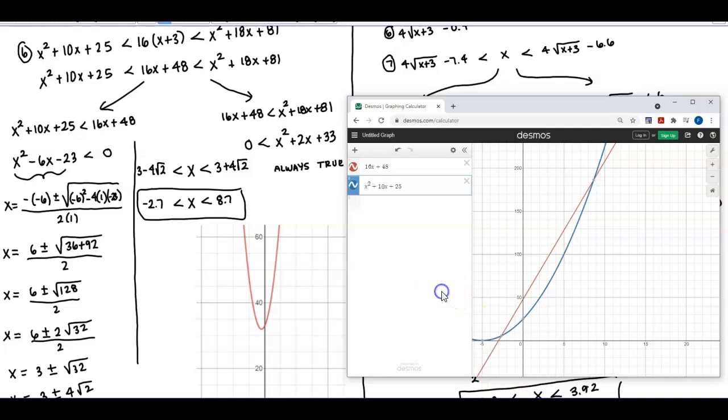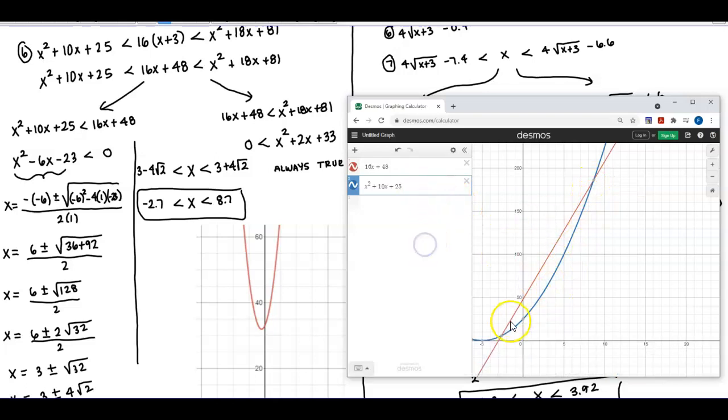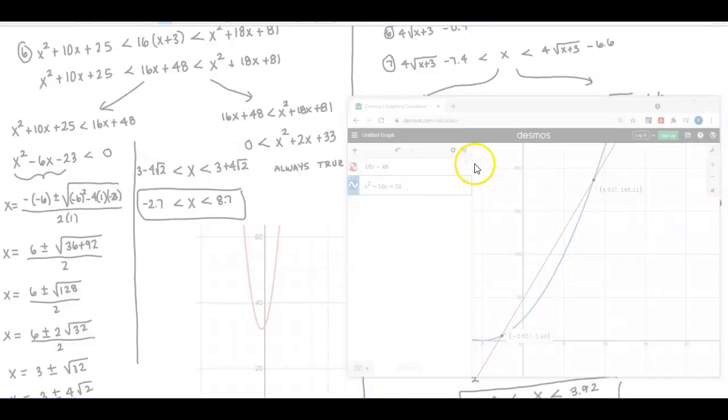Okay, so you can see here that it's intersecting at 2 points, right? Now, what are those 2 points? Well, I'm going to go ahead and copy that graph so you can see what those 2 points are.